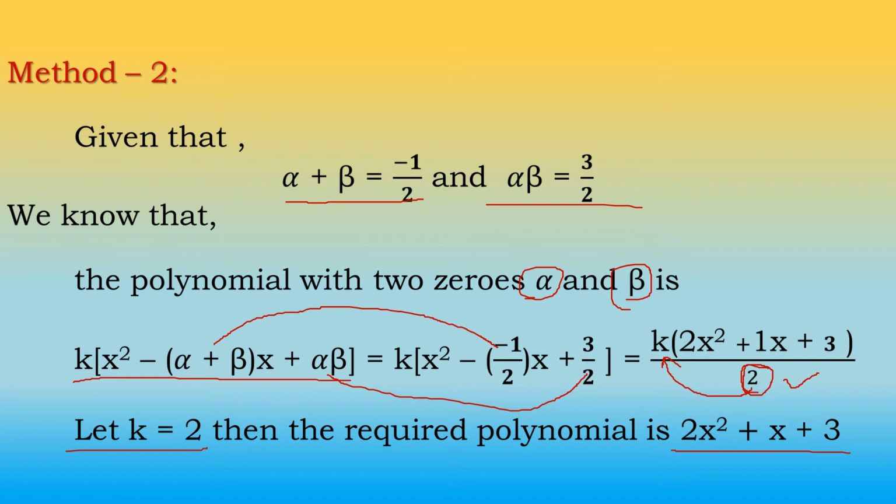By considering the k value as 2, we have the required quadratic polynomial 2x square plus x plus 3. This is the way we can find the quadratic polynomial by knowing the sum of the zeros and product of zeros.